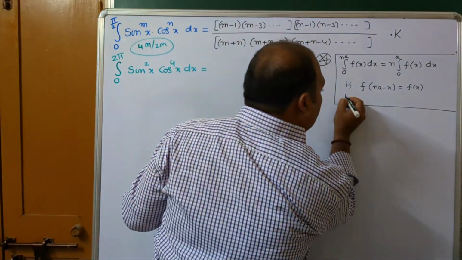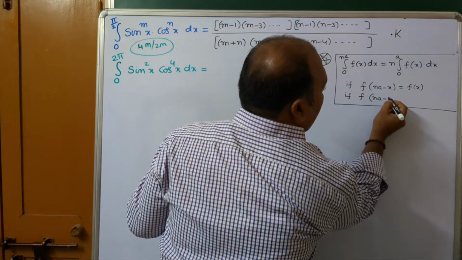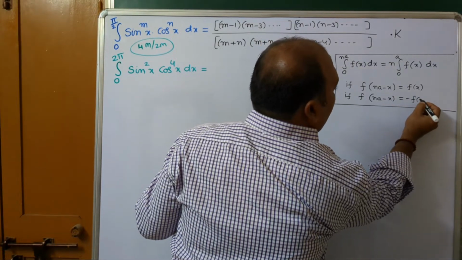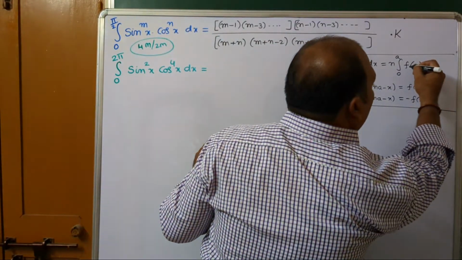Suppose f of na minus x is equal to minus f of x, then it is odd. That time only you can write it like this.